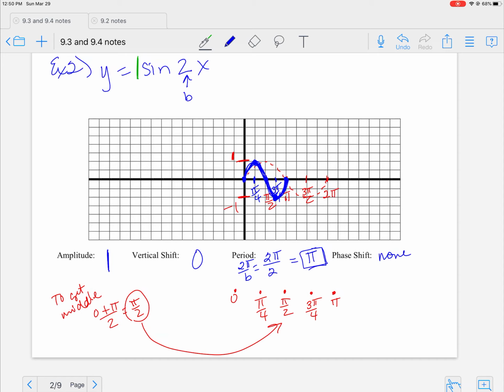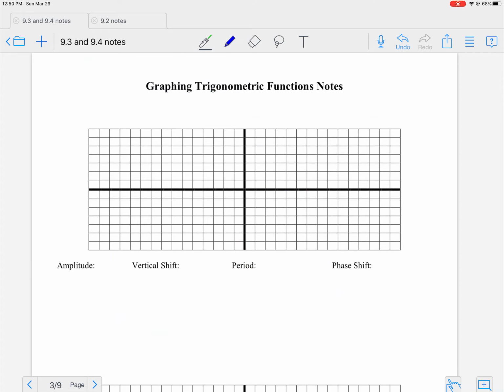So, my period is affected with that horizontal shrink, right? So we're just hitting it back to all the highlights. All of those different transformations that we're doing over and over again, they still apply here because this is still a function. We just call them something different, like an amplitude is your vertical stretch, your period here, and your phase shift. But the concepts are all still the same.